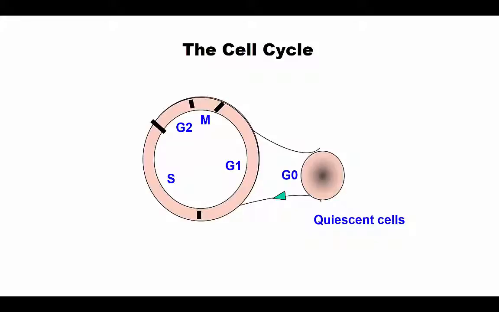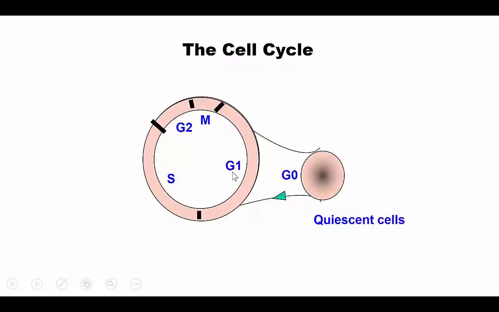For example, cell cycle. When the cell gets a growth signal, the cell gets into the so-called cell cycle. Originally, this resting status we call G0, gap 0. Now, once getting into the cell cycle, the first step is G1.